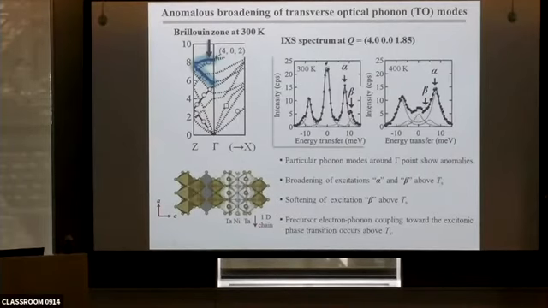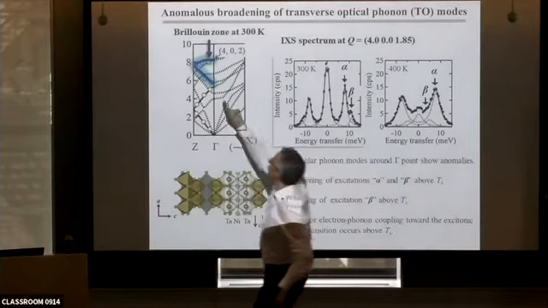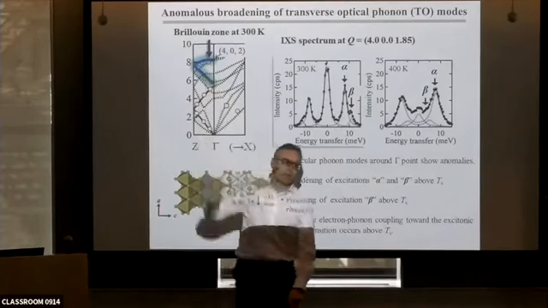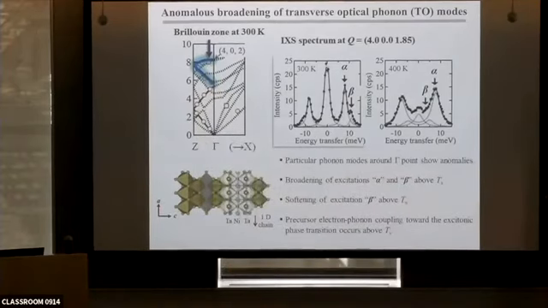Taking the data, the change is minor. So maybe the broadening that is seen is just at Q equal to 0. But still, don't forget that one is orthorhombic.